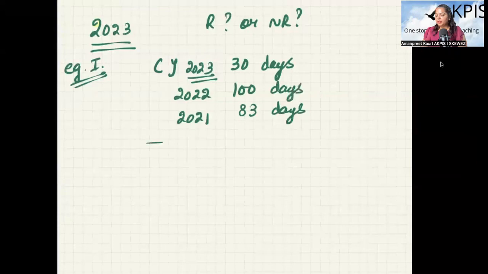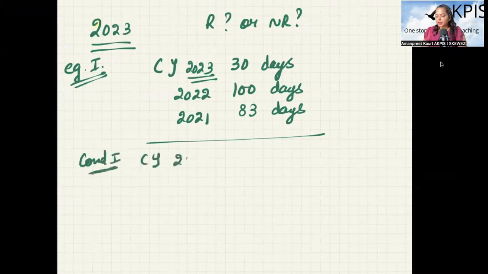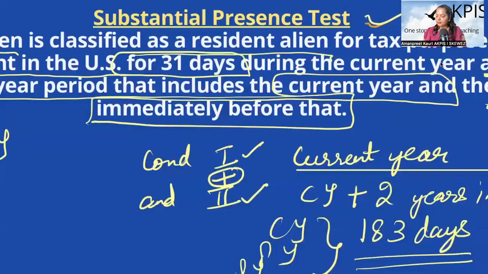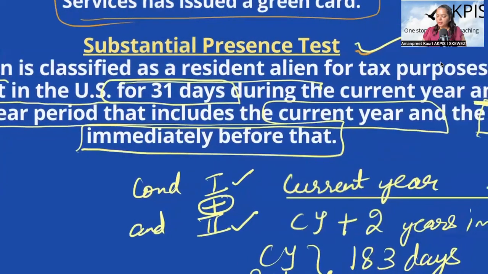So now, is the person a resident or a non-resident? See, condition number one was to check whether in the current year, that is 2023 in the given case, the person is there for at least 31 days or not. This is the condition we discussed here. Let me show you that also, 31 days.